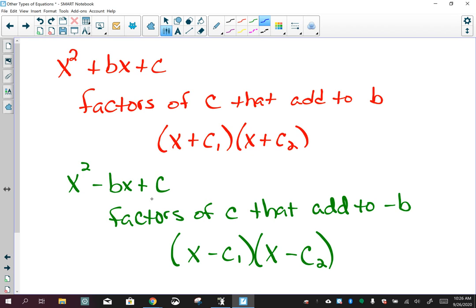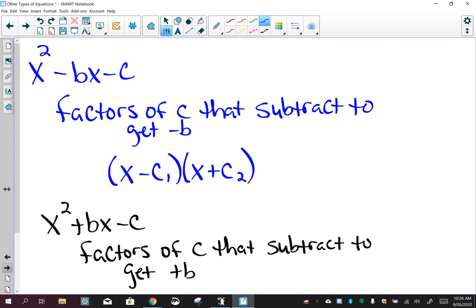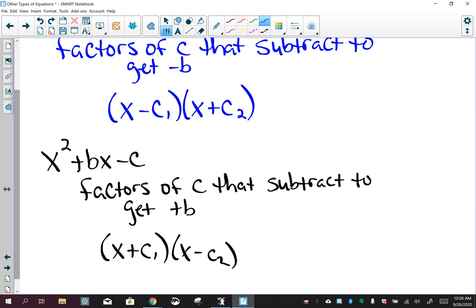If your quadratic is in this format, you have something that looks like this. If you have something in this format, you have something that looks like this. And if you have something in this format, you're going to have something that looks like that. So that's just a refresher on what it looks like when you are trying to factor a quadratic equation that has a 1 in front of it.